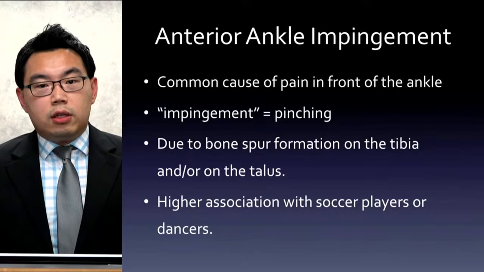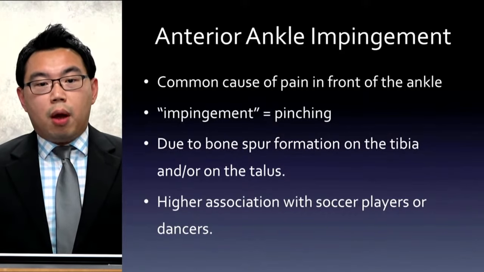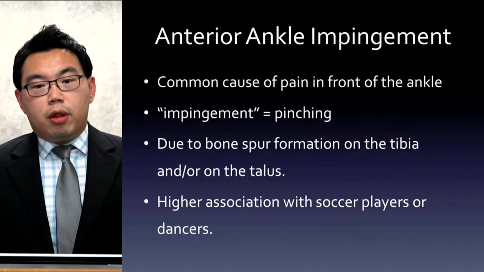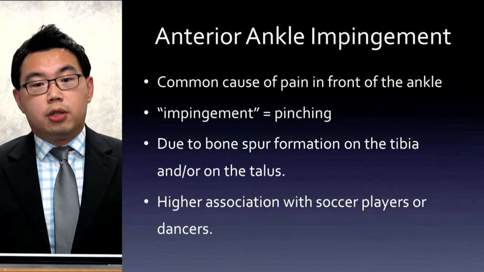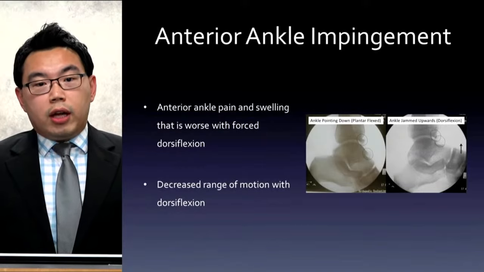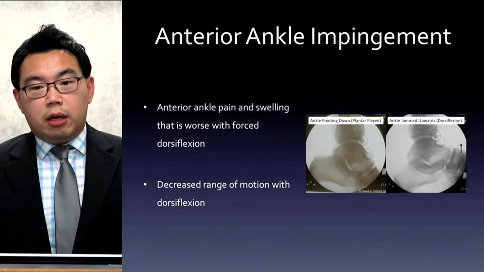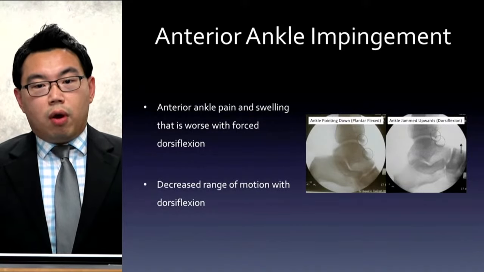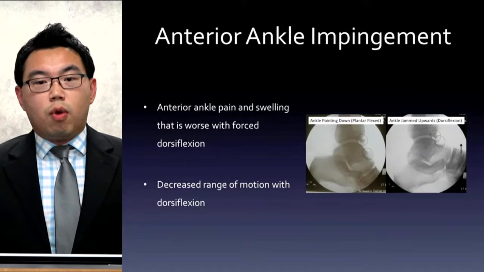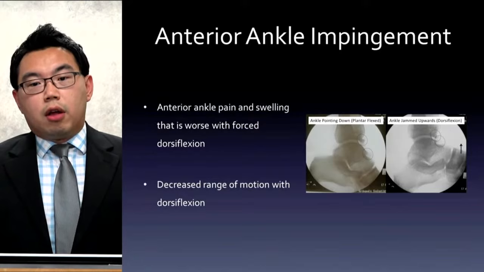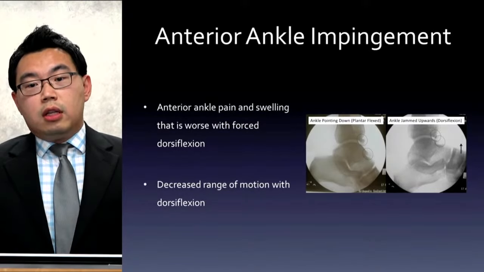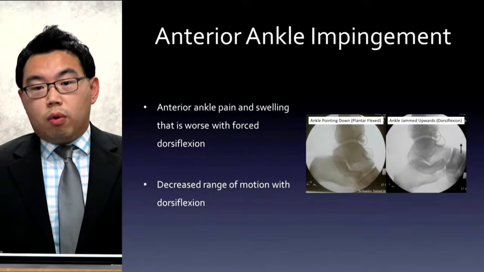We know that these are associated with a younger population, especially more active individuals such as soccer players, dancers or football players. And it can be quite debilitating, especially every time you are moving your ankle up. More commonly, if you try to squat down or kneel down with the forefoot on the ground, these people either can't do it or have severe pain.